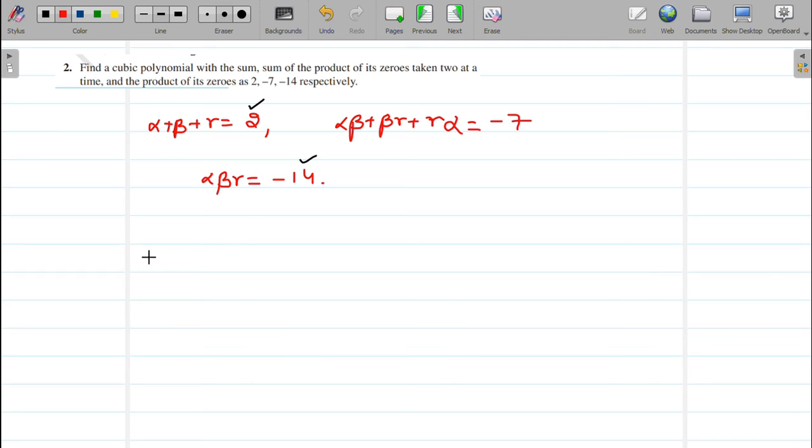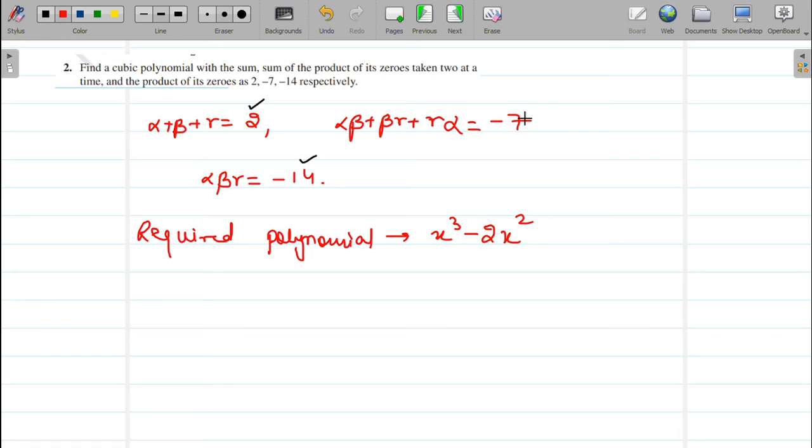If you remember students, we added one extra negative sign here, and one extra negative sign here. That we have to compensate, otherwise we can just substitute these values as b, c, d, assuming the coefficient of x cube as 1. So my required polynomial should be equal to x cube, and we entered an extra negative sign here for sum of zeros, so it is minus 2x square.